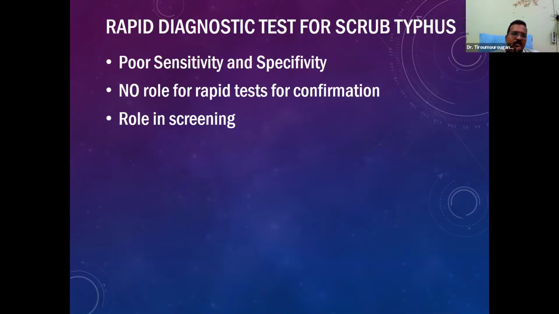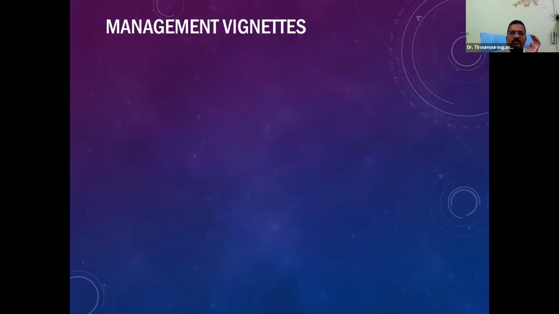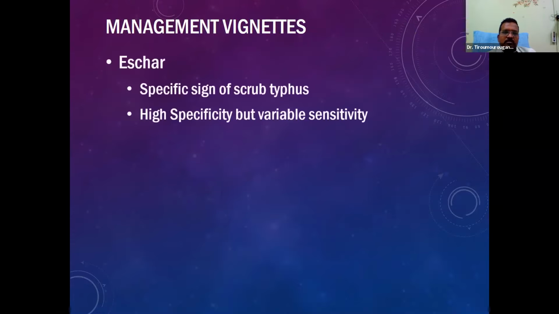Among the RDTs for scrub typhus, almost every one of them has poor sensitivity and so is the specificity. Of course, the companies always claim that their tests are great, but the reality is none of them are good enough. So we cannot use any one of them for making a diagnosis. But if we are stuck and have no other choice, it could be used. It has some role in screening and definitely not in diagnosis.